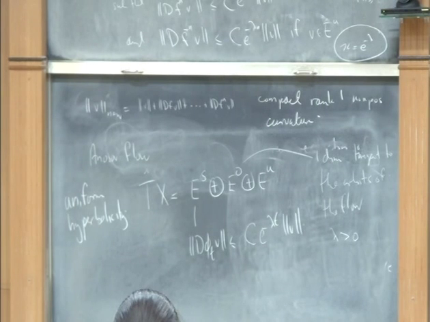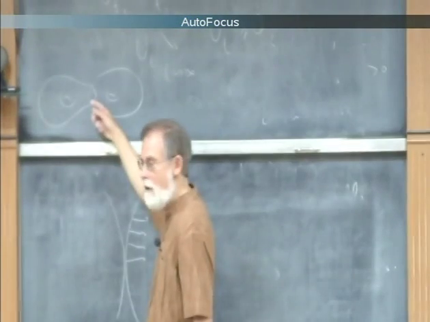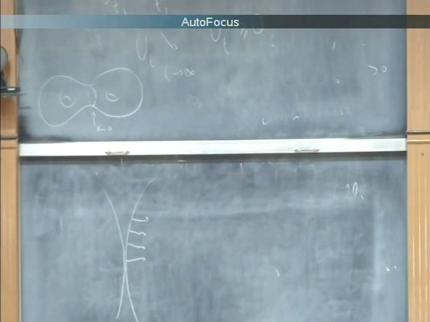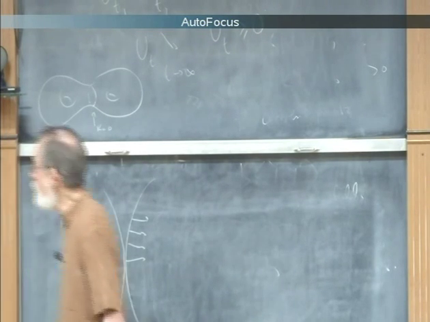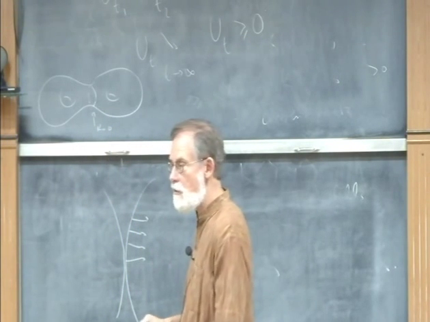And orbits that spend a lot of time spiraling around near that closed orbit are going to have a lambda that's very close to 0. So that's the idea of non-uniform hyperbolicity.